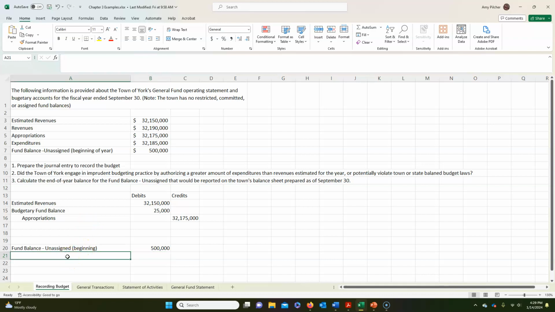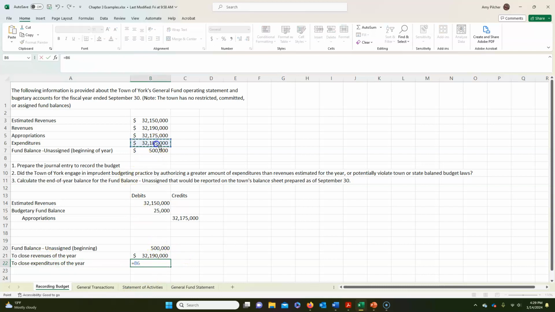We have revenues of the year. If we were going to close our revenue accounts of the year, we had actual revenues, and I'm just going to copy that down, of $32,190,000, and our expenditures of the year, where we had actual expenditures of $32,185,000, and put a negative in front of that so it comes negative.